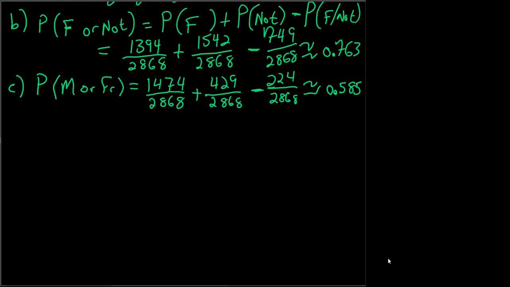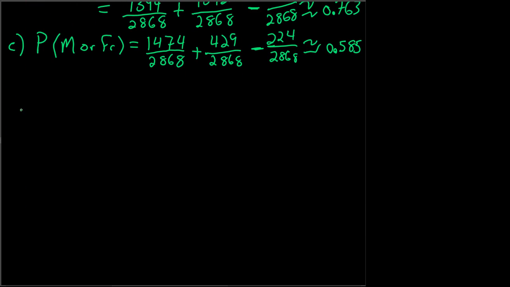All right, what we're going to do here is look at D, and I'm going to write down all the probabilities that happen here. So we want the probability of being female or not being frequently. Not being frequently really means that we're looking at the complement of being frequent. There's a couple different ways we can do it.